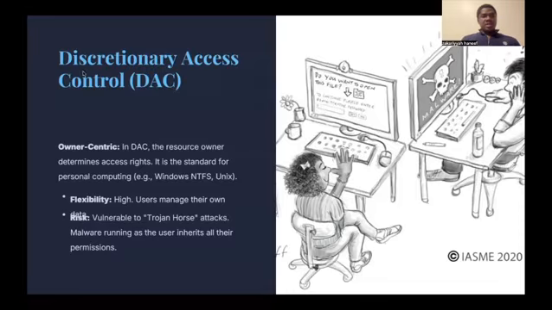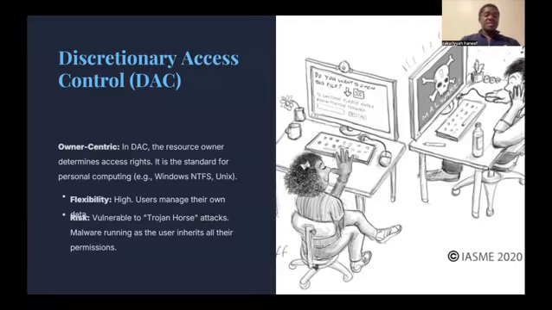One of the components of this is discretionary access control, the DAC. The DAC is user-controlled access. The owner of the resource decides who can access it. It is very common in personal computers, like Windows or Linux file systems.